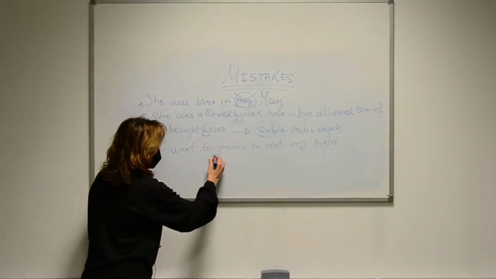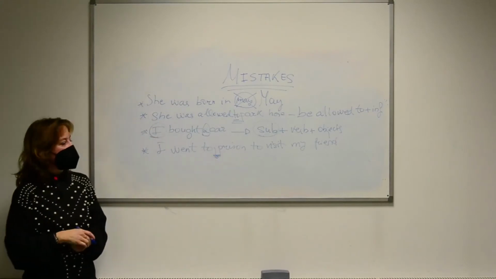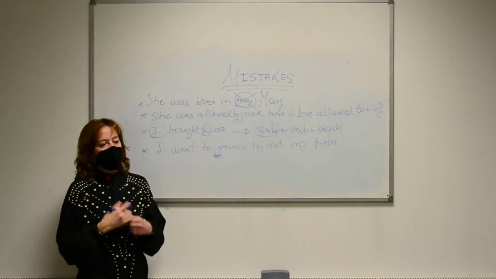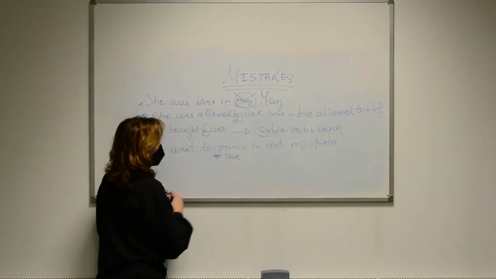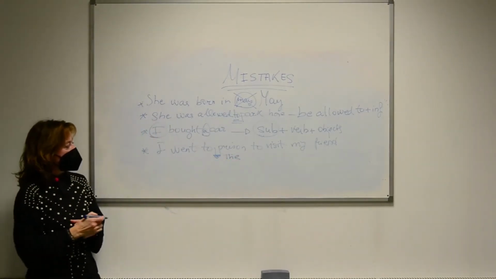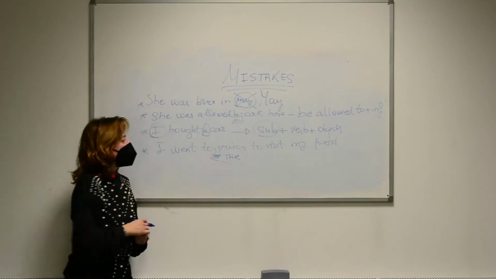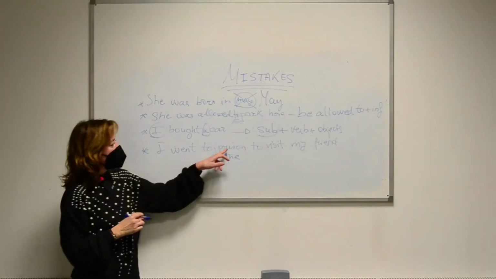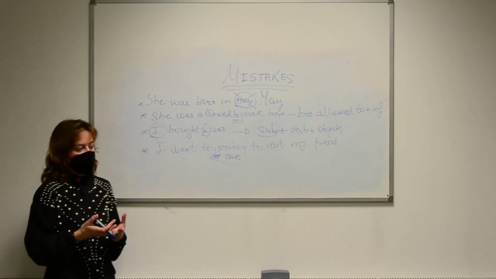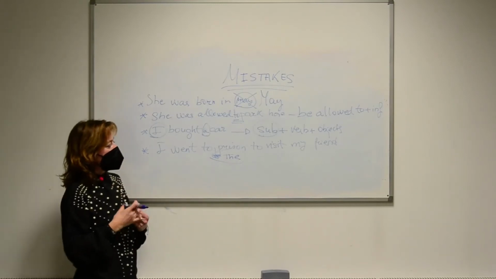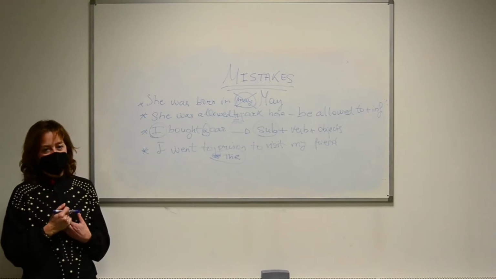But here, the definite article is completely necessary. Why is the definite article necessary? Because if we say, I went to the prison, we refer to the building, to the place, and therefore the definite article is necessary.